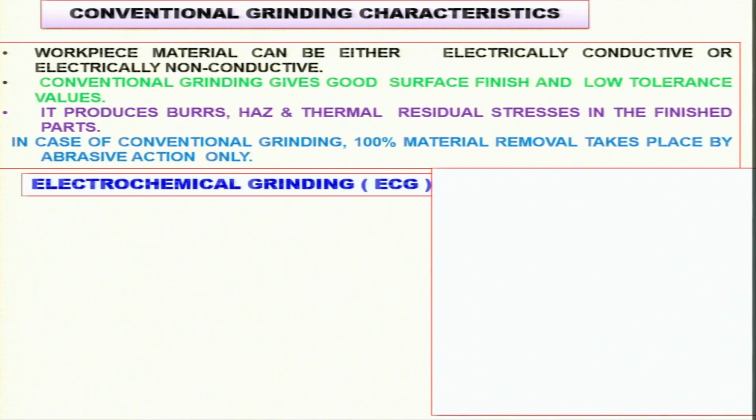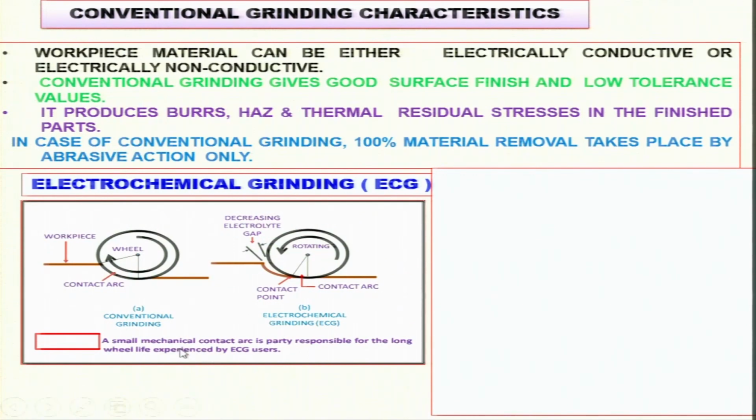In electrochemical grinding, as you can see over here, this is the conventional grinding part where the grinding wheel is rotating. This is the workpiece, and there is a contact arc between the workpiece and the grinding wheel. In the case of electrochemical grinding, electrolyte is being supplied over here, and you can see the gap at the exit is more, and at the center, or near the center, is less.